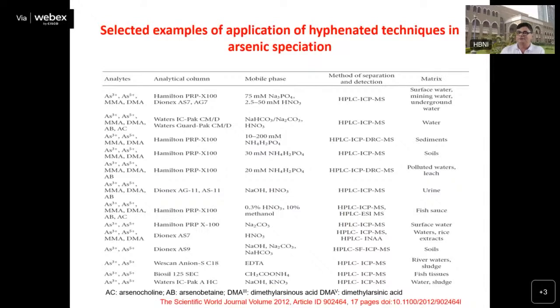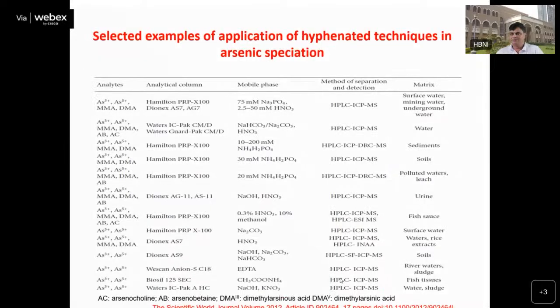You will completely digest your sample and break all the complexes, and finally you will determine only the total arsenic concentration. So it's very important to use hyphenated techniques, and exact speciation determination is possible only when you use them.